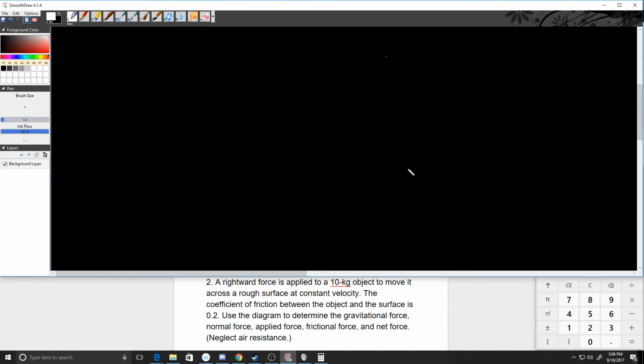All right, next problem. A rightward force is applied to a 10 kilogram object. This is going to be pretty familiar. This time though we have a 10 kilogram object. We are on Earth, so let's get the force of gravity. A rightward force means I'm applying my force this way.